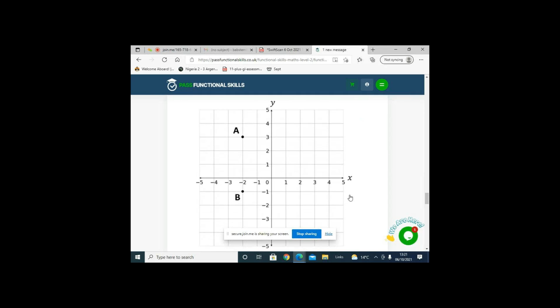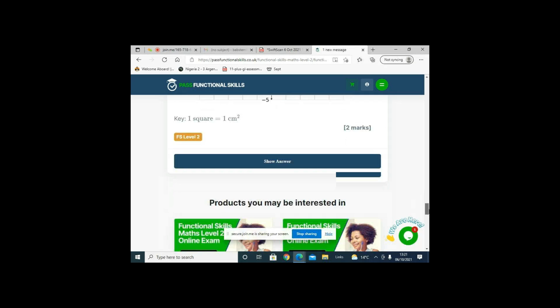C will be 2, 3, and D will be 2, -1. Yeah, this one is going to be 2, 3. Yeah, that's fine.